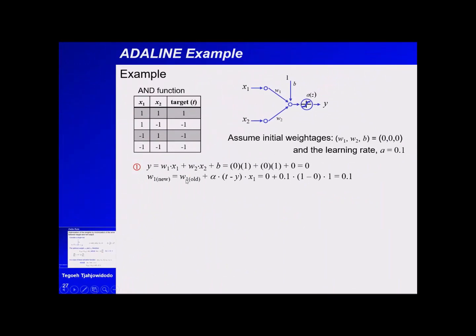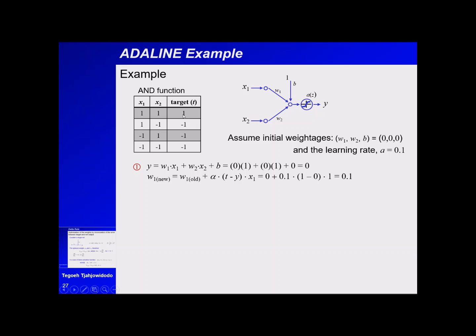So I will do exactly the same thing. I will update W1 by taking the old weightage of W1, 0, plus the learning rate, which I will set equal to 0.1, times the target.